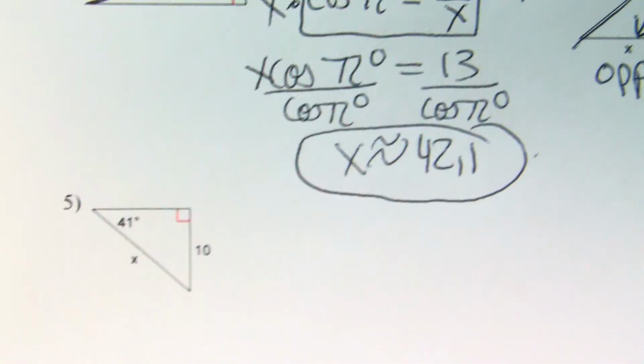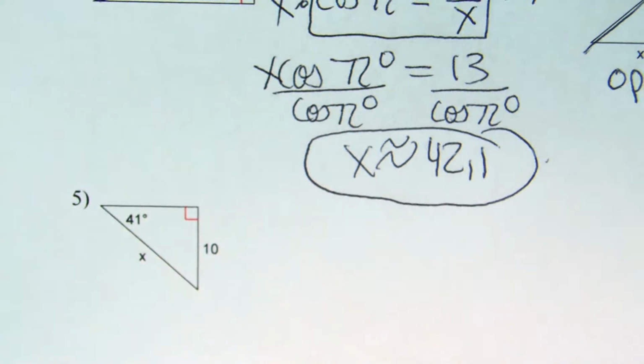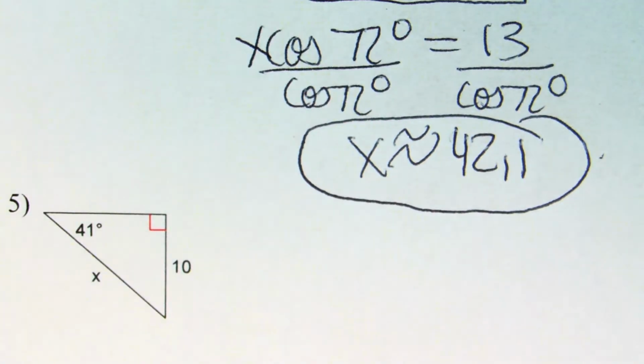Number 5. See if you can label the sides for the 41 degrees, opposite, adjacent, and hypotenuse. See if you can label the sides, and then we'll see if you can decide if it's sine, cosine, or tangent.